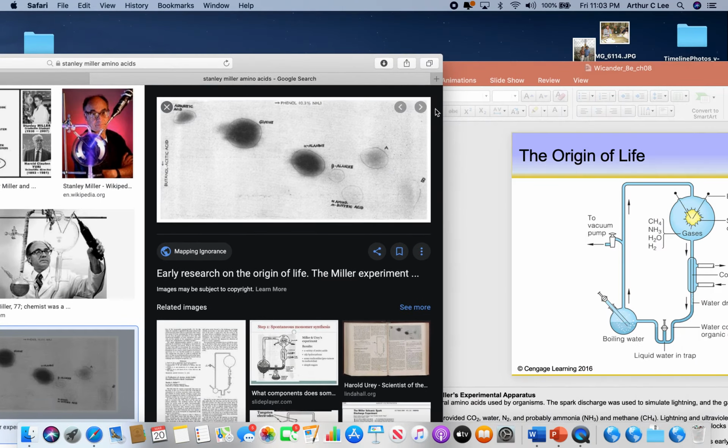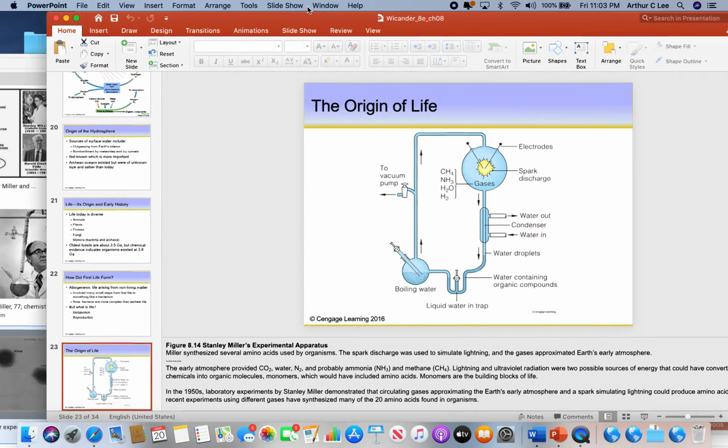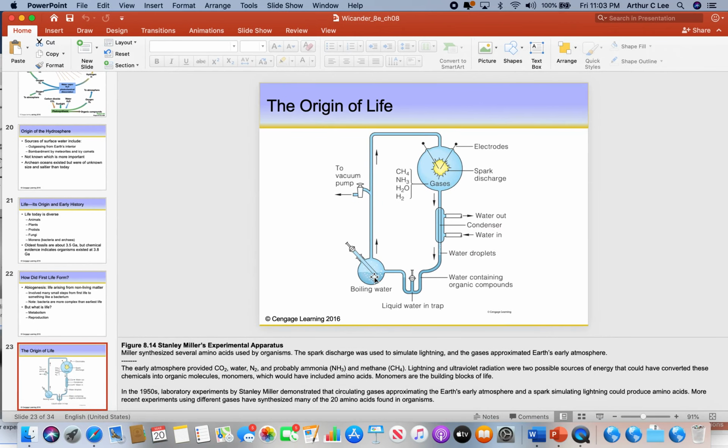The water in this vessel here became dark orange and was filled with amino acids. Amino acids are the building blocks of life. Did Stanley Miller make life in the lab? No. Did he make amino acids? Yes. So his idea was, in those ancient Archean oceans, a lightning strike occurred and converted those gases dissolved into the water into the building blocks of life, amino acids.